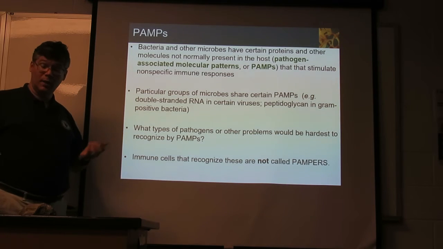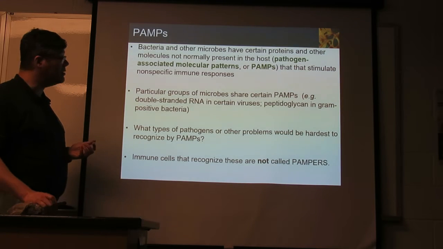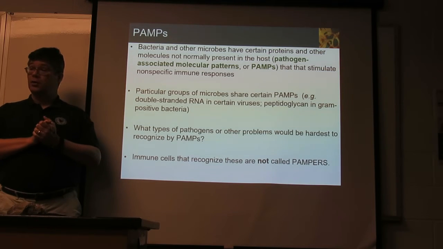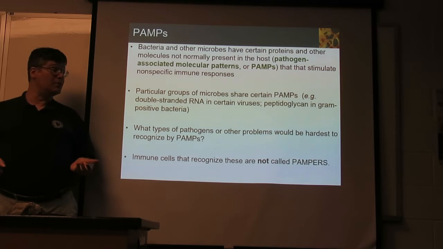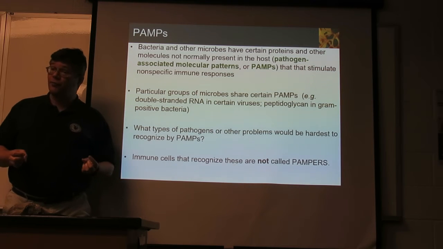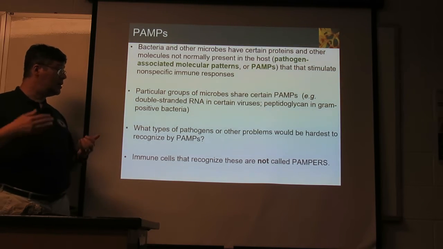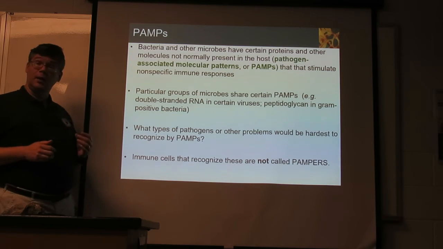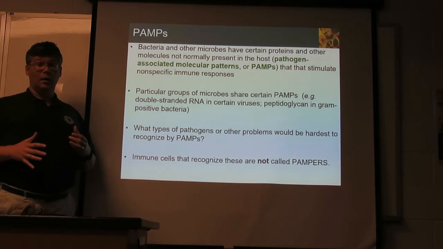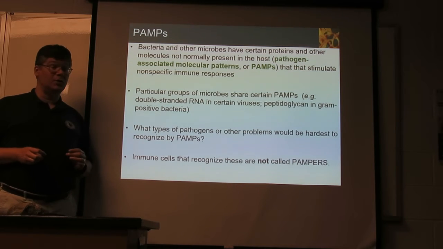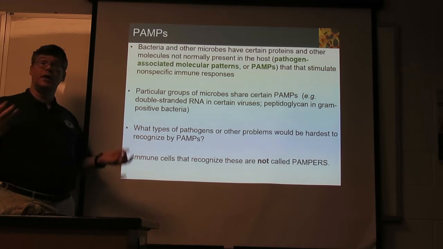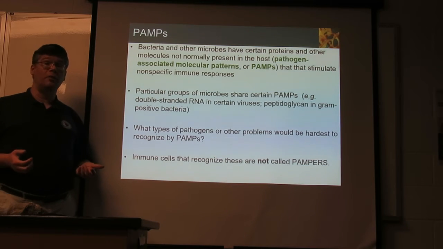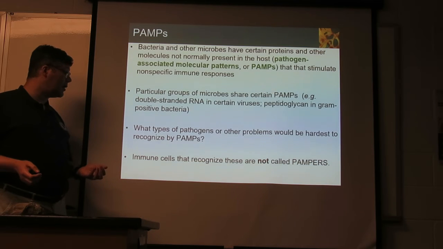Okay, so we have this non-specific immune response to these particular types of chemicals. Works great for identifying some things, not as much for others. In particular, the more similar the problem is to ourselves, the less likely it's going to have some really weird type of molecule or other feature that can be immediately recognized.